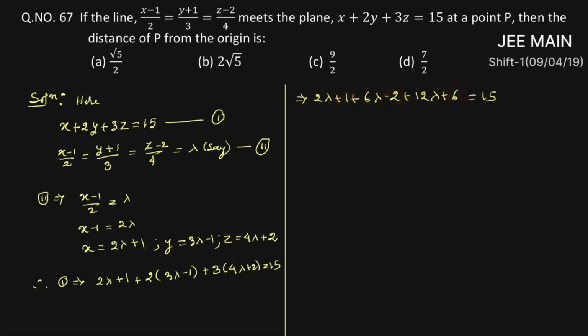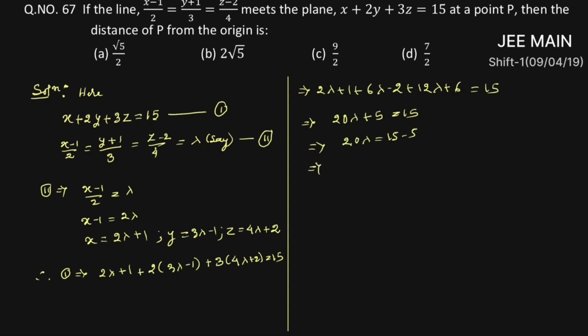So this implies that we will get 20 lambda plus 5 equal to 15. This implies that 20 lambda equal to 15 minus 5, which implies that lambda equal to 10 by 20, which is equal to 1 by 2.